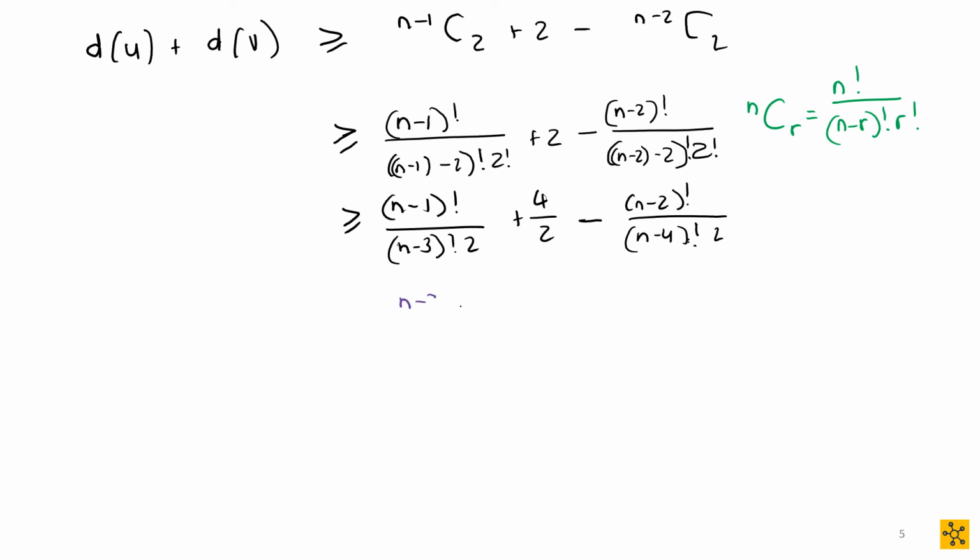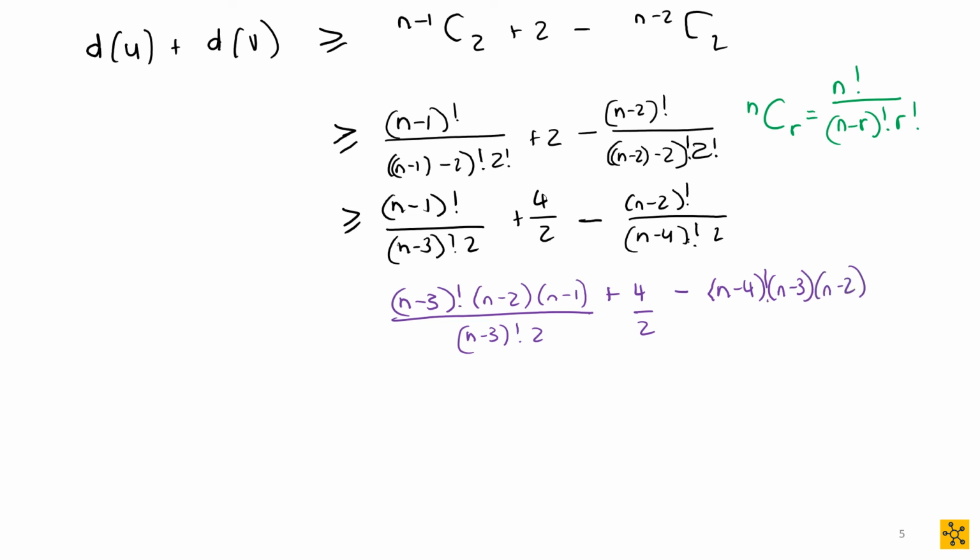So we have n minus 3 factorial on the top, times n minus 2, n minus 1, plus 4, minus, and we just expand n minus 2 factorial, n minus 3 factorial, 2 divided by 2 there, n minus 4, n minus 3, so minus 4 factorial, n minus 3, n minus 2, n minus 4 factorial, 2. We can then cancel out that there and that there.